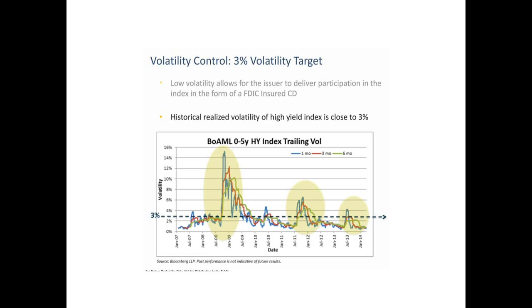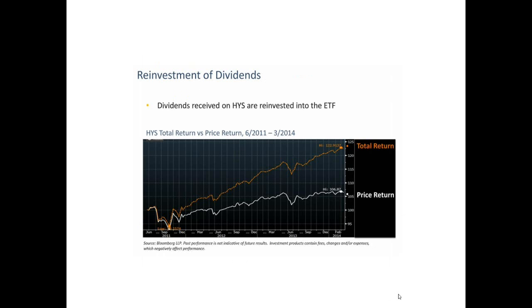You'll notice it would have missed out on some of these big spikes, in both directions, but would have maintained a consistent return.